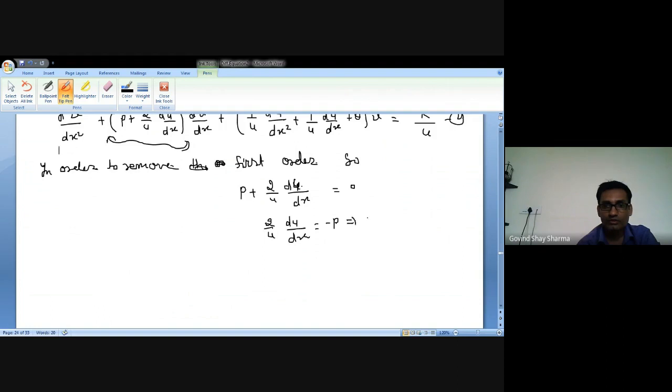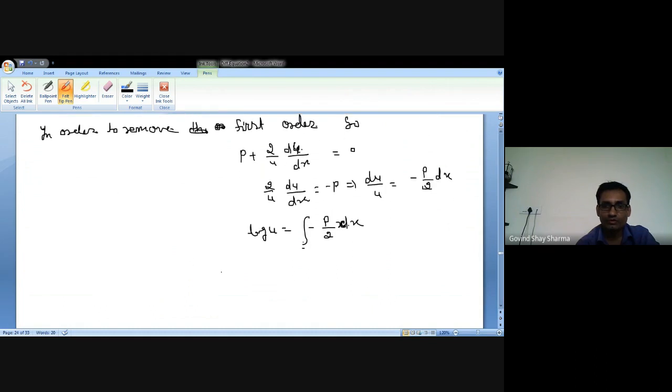This implies du upon u is equal to minus p by 2 dx. So log u is equal to minus p by 2 integral of dx, after integration.